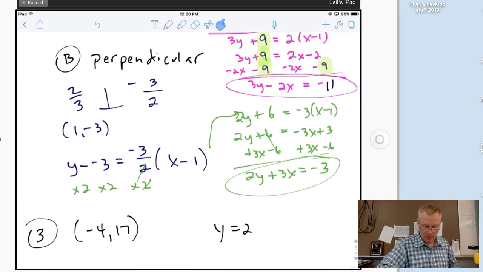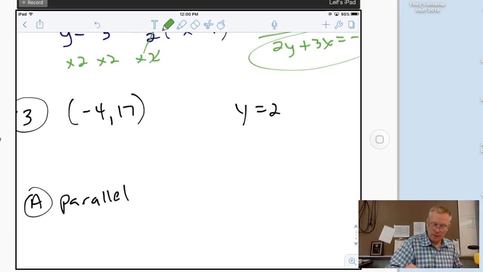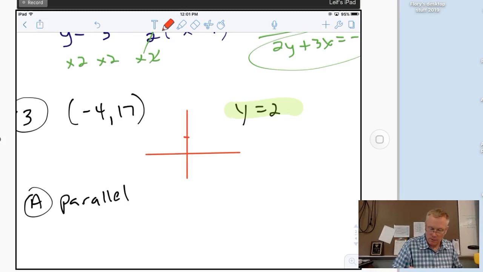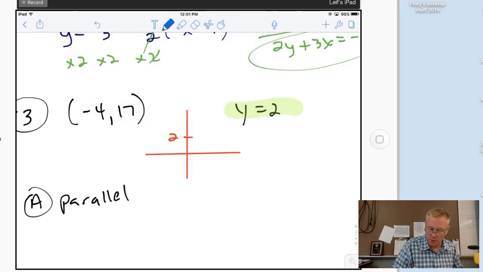Okay. This one's a little bit interesting because the equation is y equals 2. So if I was to draw a quick graph of that, if here's 2 on the y-axis, then the line here is going to be a horizontal one going right through here, right through there, which means the only thing that matters here, that new line, is going to be the 17.